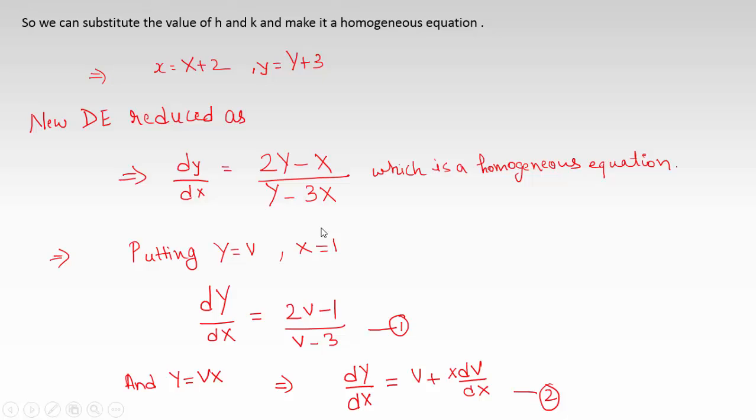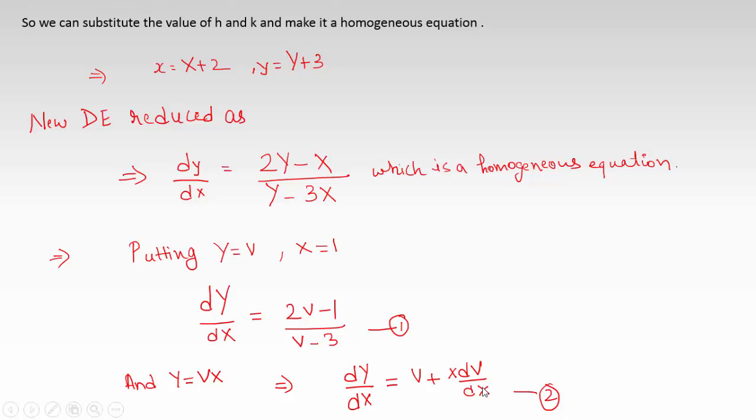Now we're doing our shortcut method, which we have just discussed earlier. Y equals v and X equals 1 to get the value of dy/dx, that is (2v - 1)/(v - 3). We make it equation number 1. Now going to our previous substitution, y = vx, we get another value of dy/dx, that is v + x dv/dx.